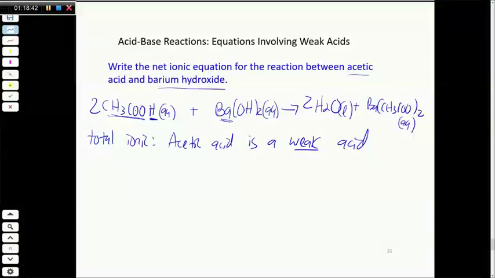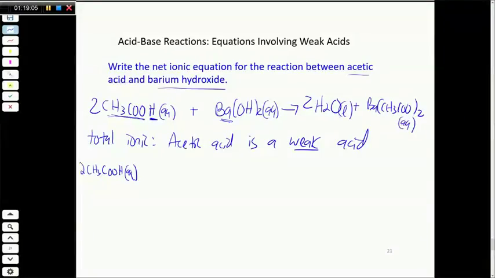Only strong acids do that. Weak acids largely remain intact. So we don't separate the CH3COOH. It's still dissolved, still aqueous, but it's not individual ions when it's a weak acid. So keep that distinction in mind.